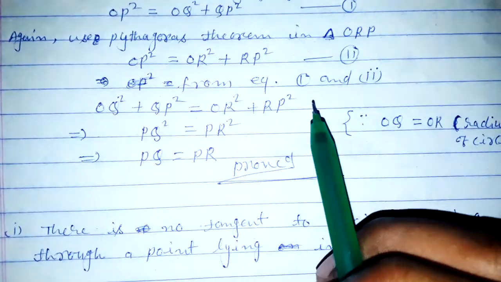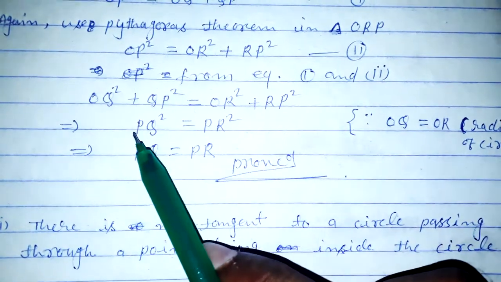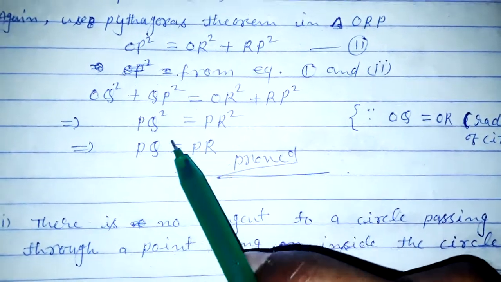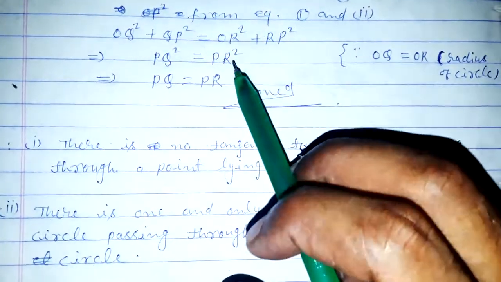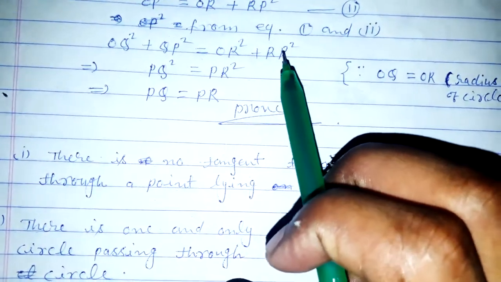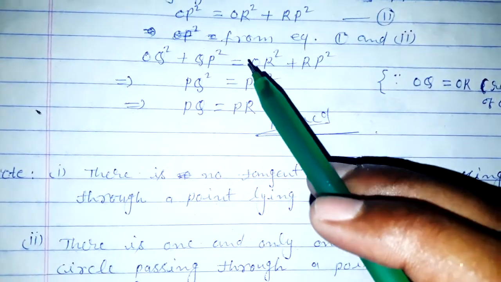Since OQ and OR are radii, they cancel, so PQ square is equal to PR square. Taking the square root on both sides, PQ is equal to PR. So this is the other method of proving this theorem. We will use any one method.